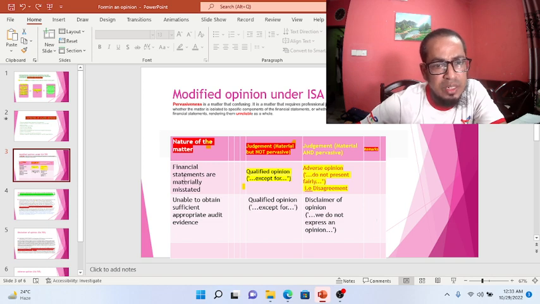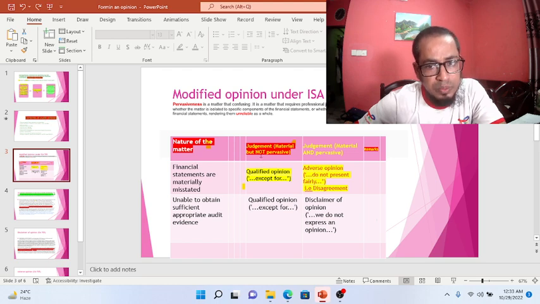If the financial statements are materially misstated, the judgment may be a qualified opinion. The judgment is material but not pervasive. If the matter is material but not pervasive, then a qualified opinion.